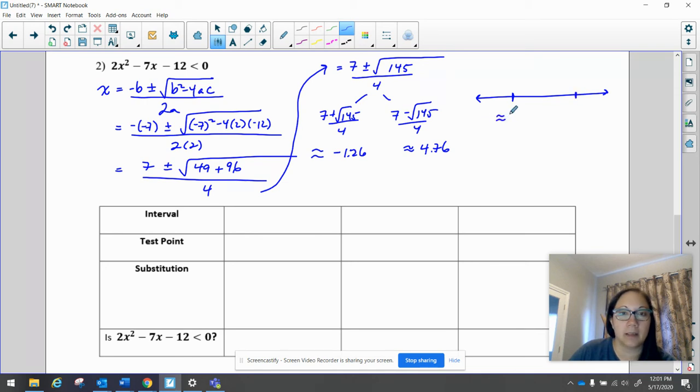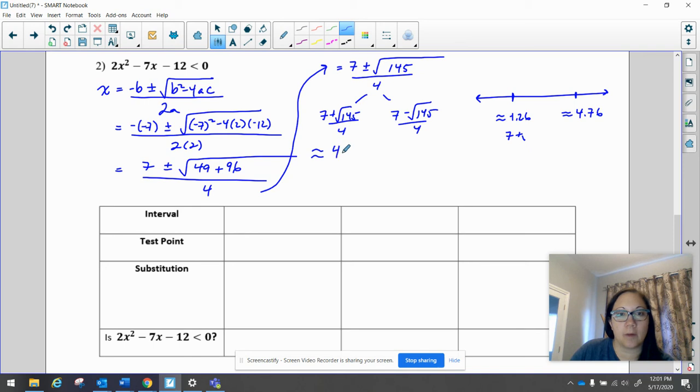So it's at approximately -1.26 and approximately 4.76. But really, sorry, I mixed these up when I wrote my answers. I have these in the wrong spots. Let's just fix that.